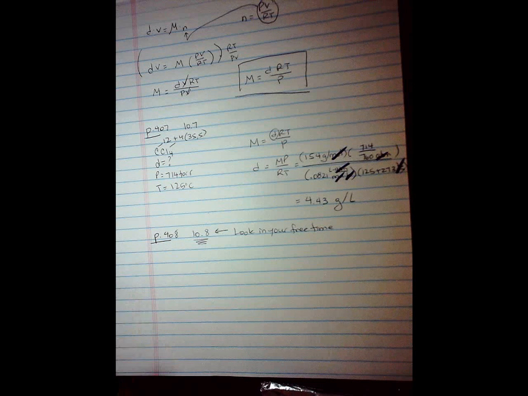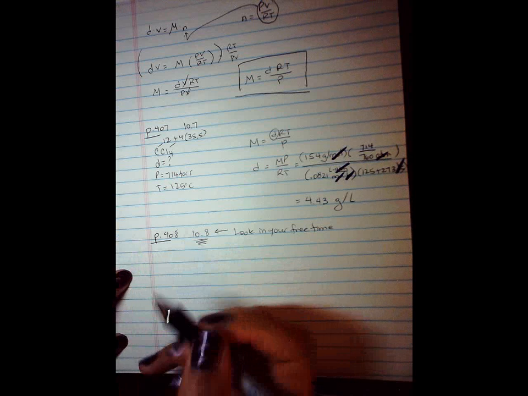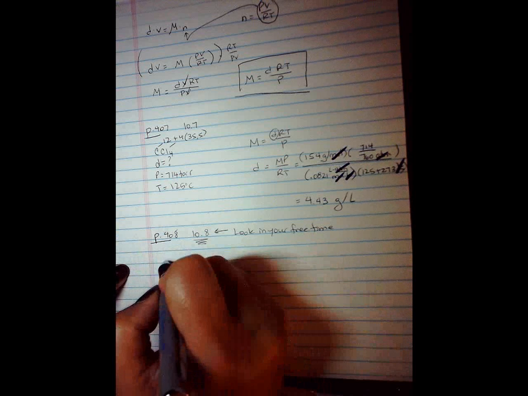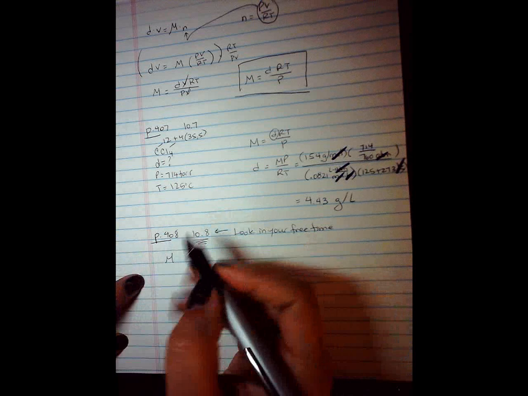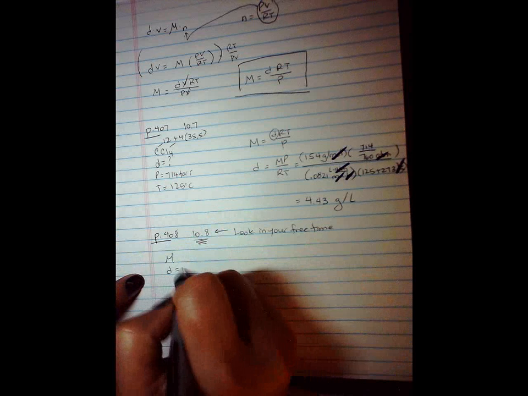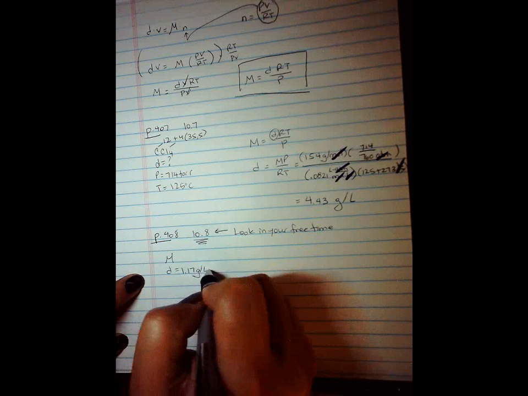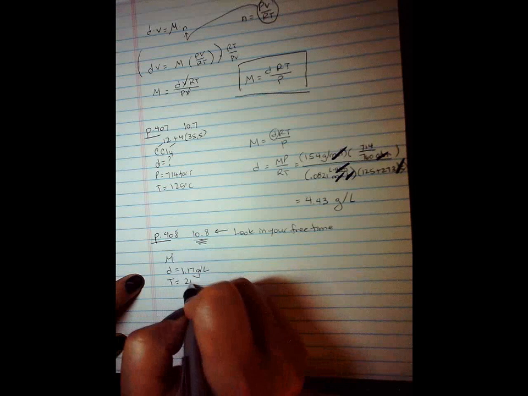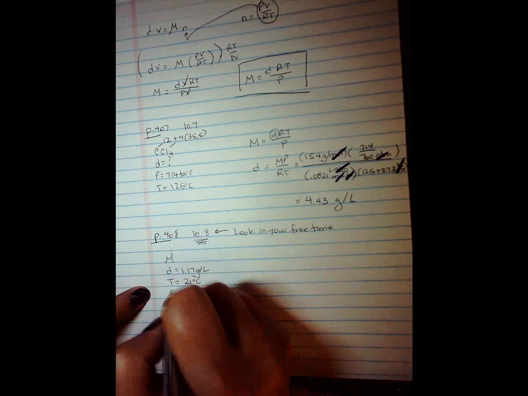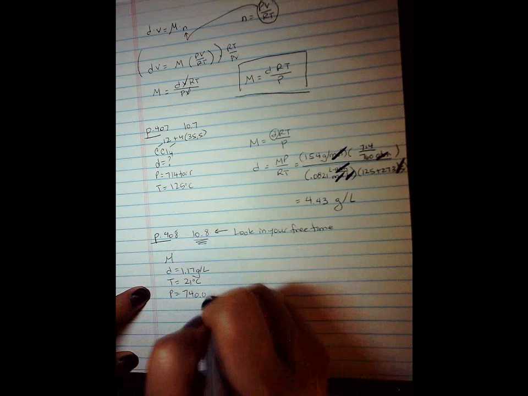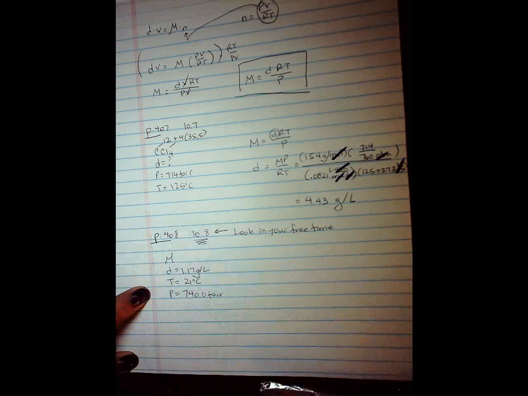So it asks me to calculate the average molar mass of dry air. So they want M, capital M, if the density is 1.17 grams per liter, the temperature is 21 degrees Celsius, the pressure is 740.0 torr. All right?